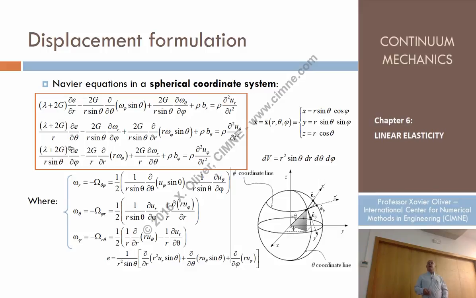You can recognize the term lambda plus 2 mu, here is the volumetric strain in spherical coordinates. We see here the rotation vector components r, theta, and phi, which are certain components of the rotation tensor, and can be computed like that. And finally, again, you can see at the right-hand side the accelerations, which can be made zero whenever we make the assumption that the problem is quasi-static. Okay?